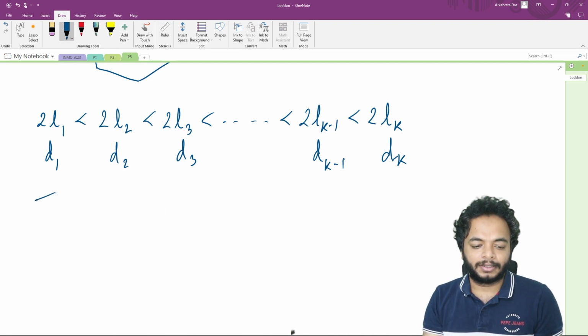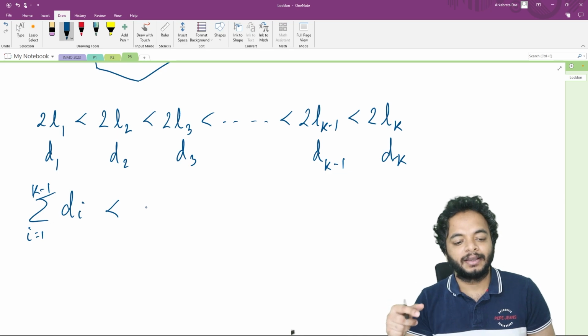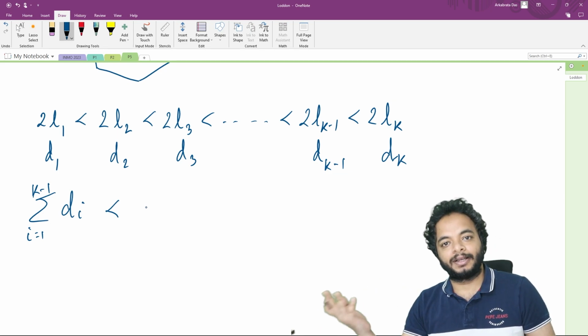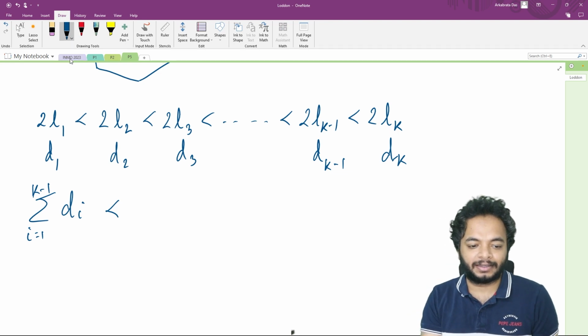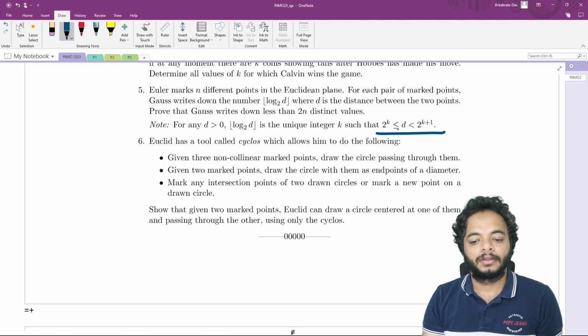Now the summation of Di, i going from 1 to k minus 1, is strictly less than, because all these Di's are strictly less than 2 to the power 2Li plus 1. Just use this definition here.